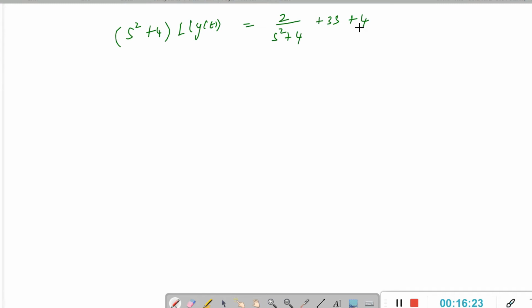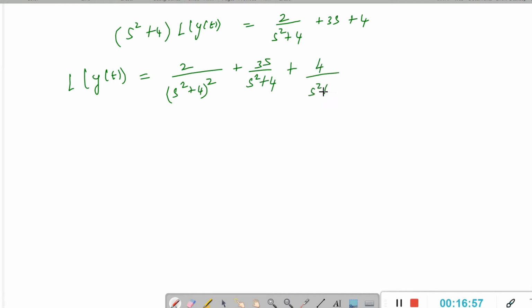Our aim is to find y of t. So you can shift this term to the right hand side. That means you have to divide the entire expression by s square plus 4, which gives L of y of t equal to 2 by s square plus 4 whole power 2 plus 3s by s square plus 4 plus 4 by s square plus 4.